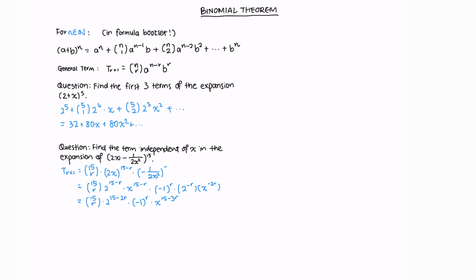If not, x will have a power, and that would not be the term independent of x. So if we equate it to 0, we realize that r equals 5. Let's just sub it in. If we sub in r equals 5, what we get is that the term is negative 96096. So that's it for the binomial theorem for natural numbers.